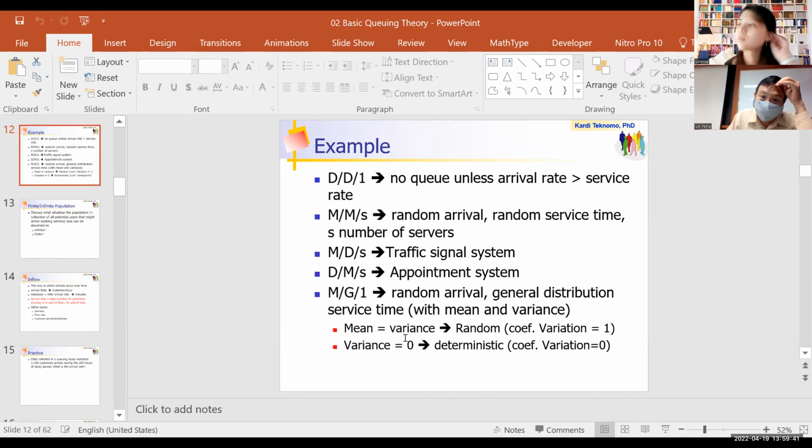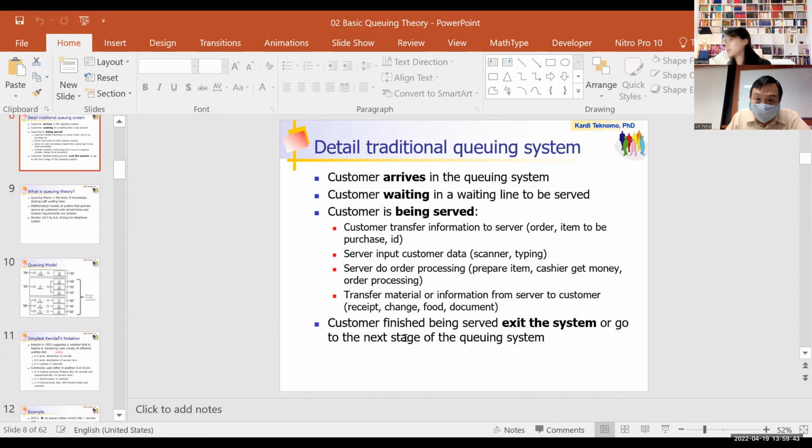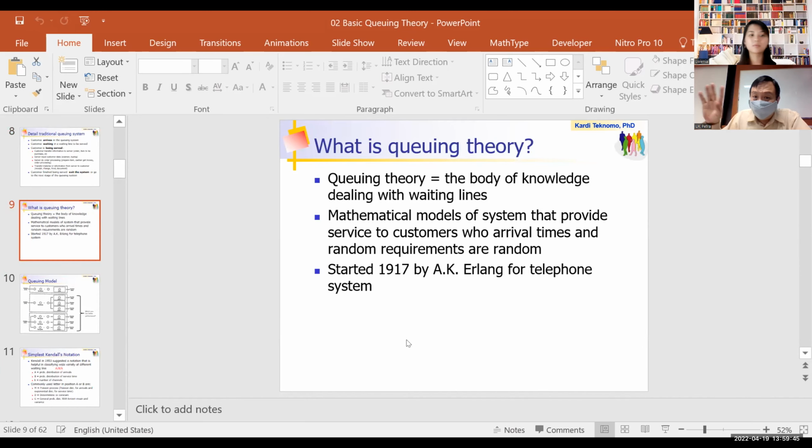No, I did not put it here. Okay. So queuing theory started in 1917 by Erlang, for the telephone industry, the telephone system. So that's why you will see a lot of models from Erlang, and there is an Erlang distribution also. Right? So originally it's a body of knowledge dealing with waiting lines.